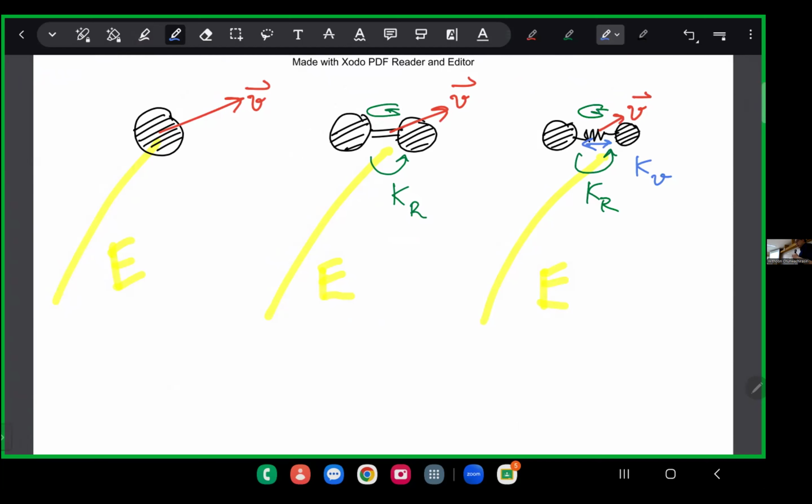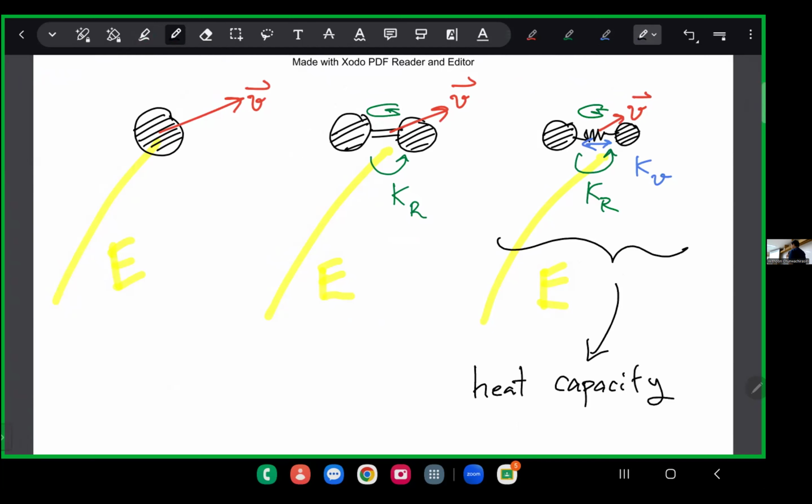The thing that I'm trying to explain over here is called heat capacity. Everyone with me? Got it? When you have many ways to store energy, you have high capacity, because there are so many techniques that you can use to gather your energy.